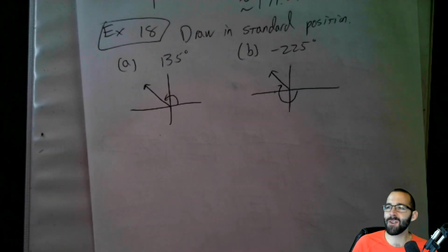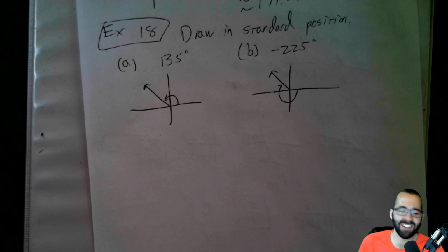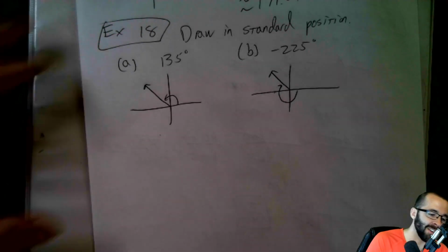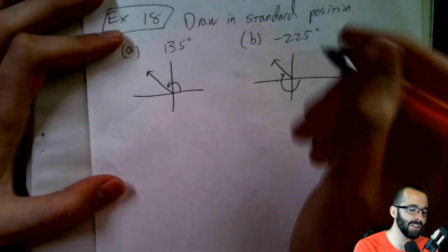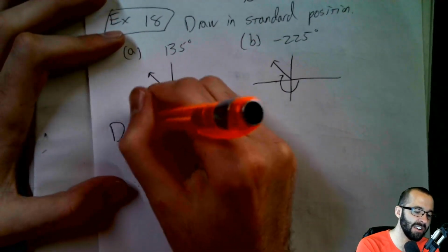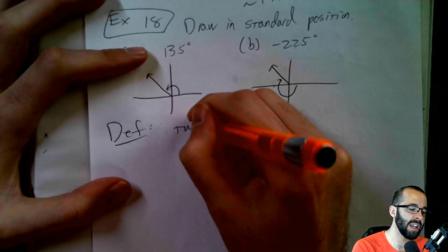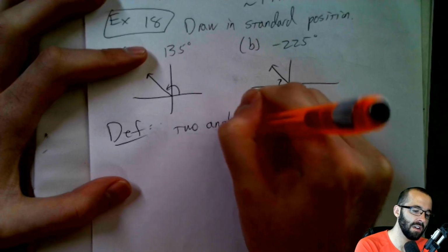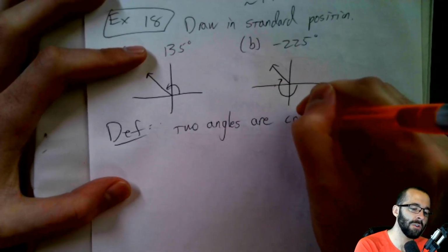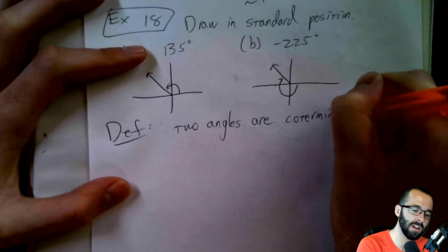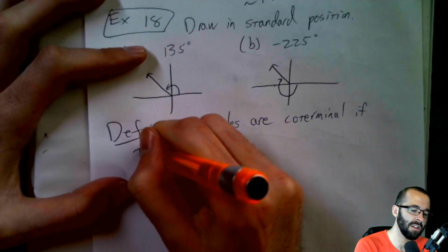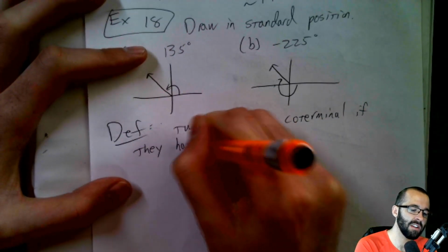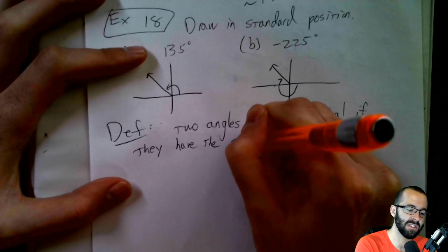If they have the same terminal side, exactly what was said in chat, they are coterminal. Okay, so these are coterminal angles. Let's define that. Two angles are coterminal if they have the same terminal side.